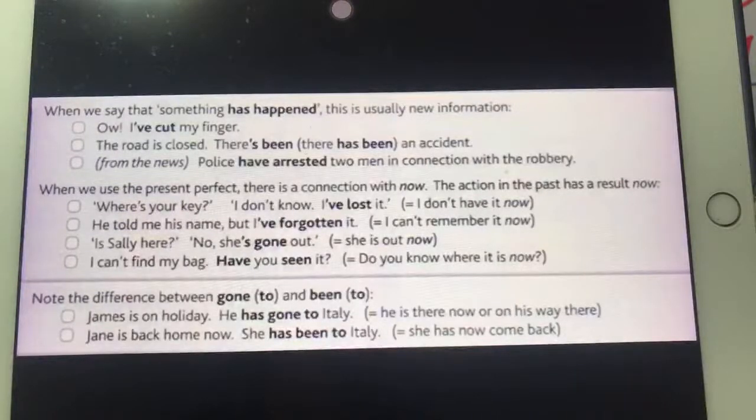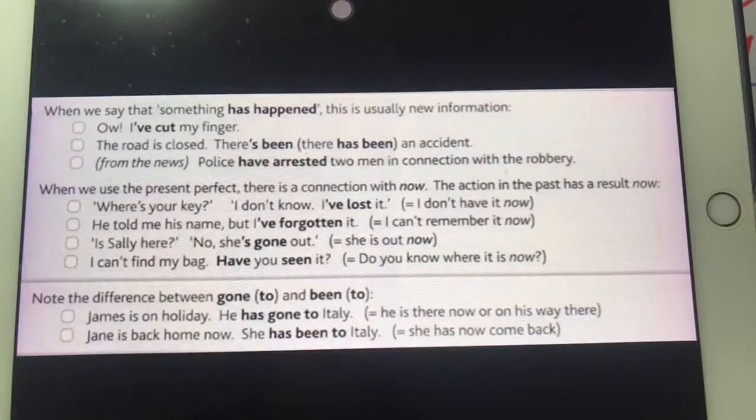I don't know, I've lost it. So what does it mean? It means I don't have it now. Next one. He told me his name, but I've forgotten it. Okay? I've forgotten it. So I can't remember it now.